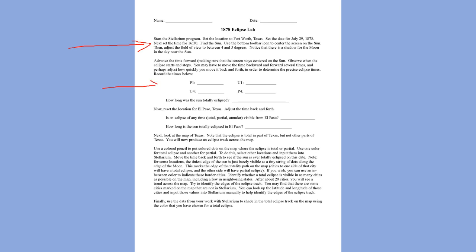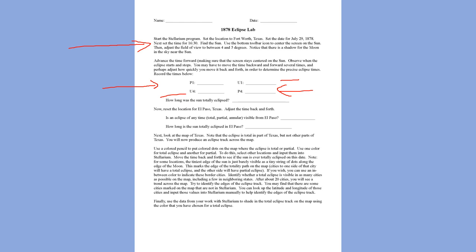P1 is when the eclipse first starts, and U1 is when the totality first starts. Then we have U4, which is when the totality ends, and then P4 when the entire thing is over. You remember that from the lectures when I talked about eclipses.